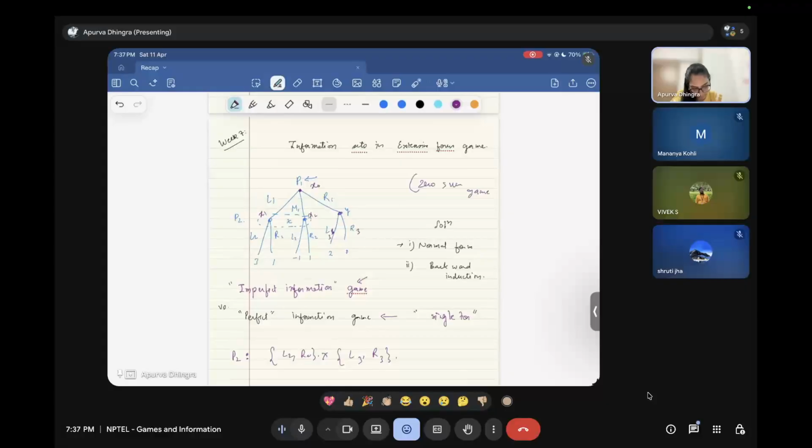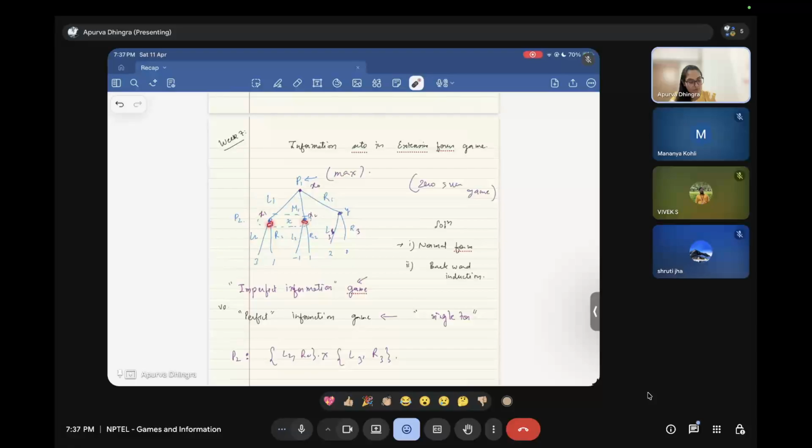And on top of that, let's say what we are given is the utility of player 1, and let's say player 1 is maximizing, and hence player 2 would be minimizing. So this node is okay. Here player 2 can actually make a choice whether to do this or do this. That is sorted. But here there is a confusion.